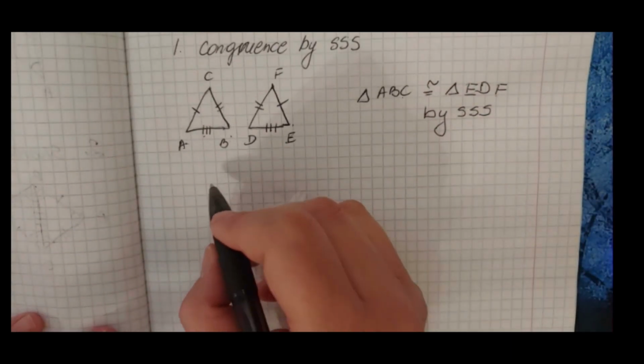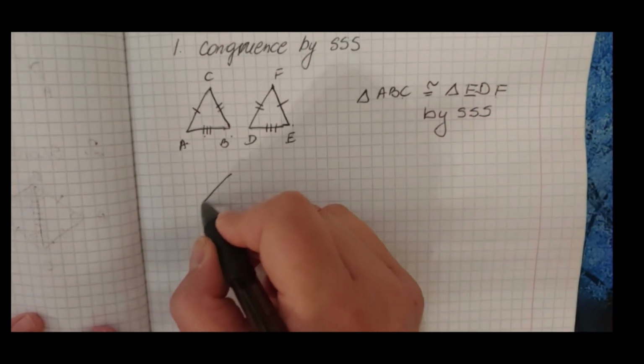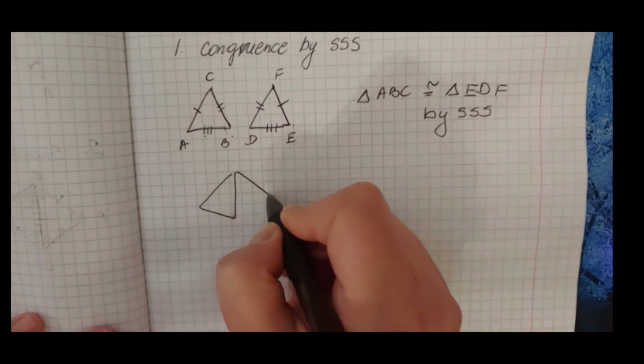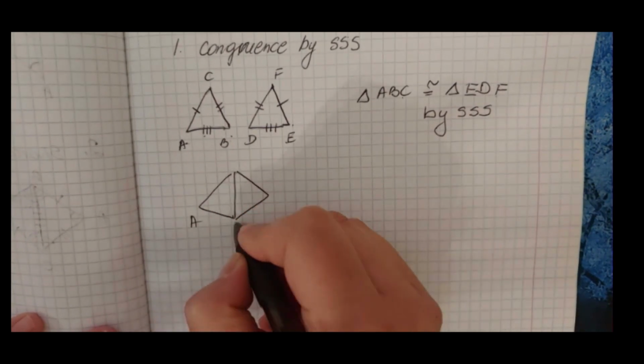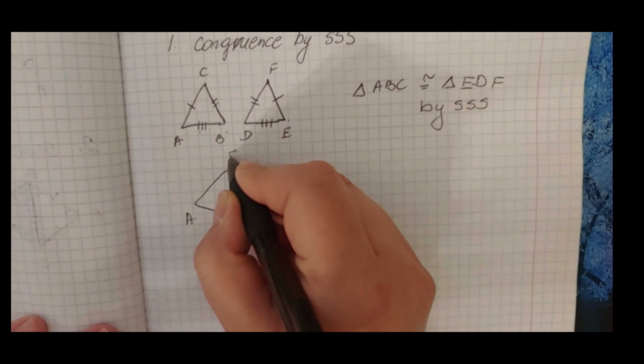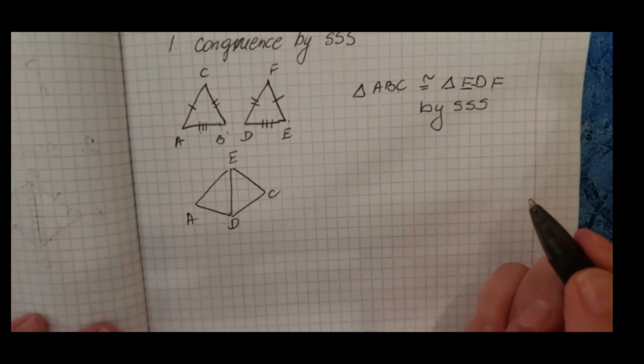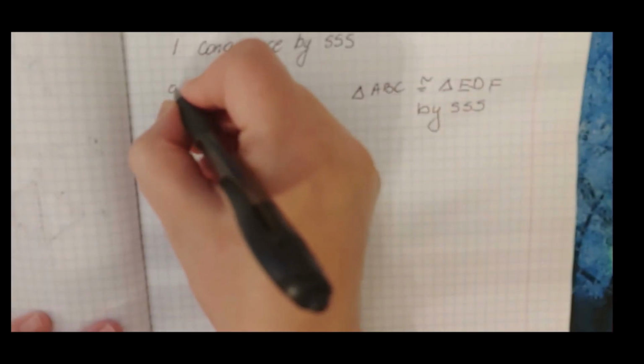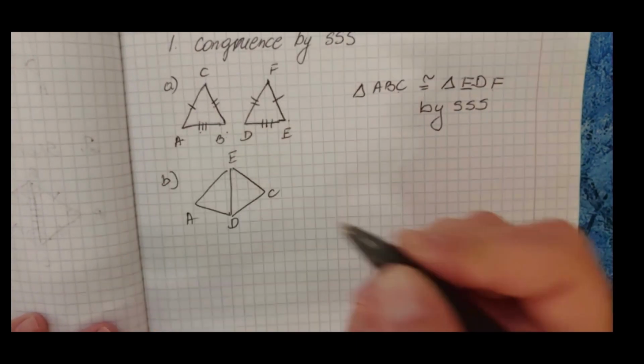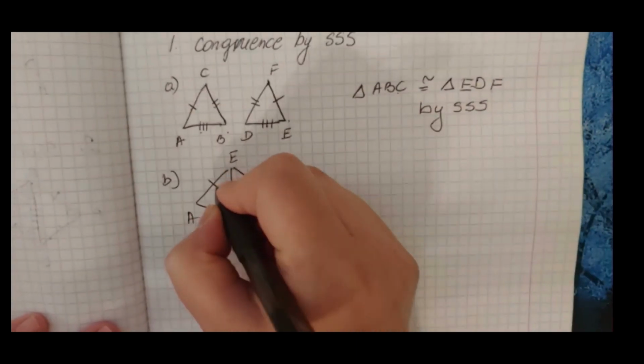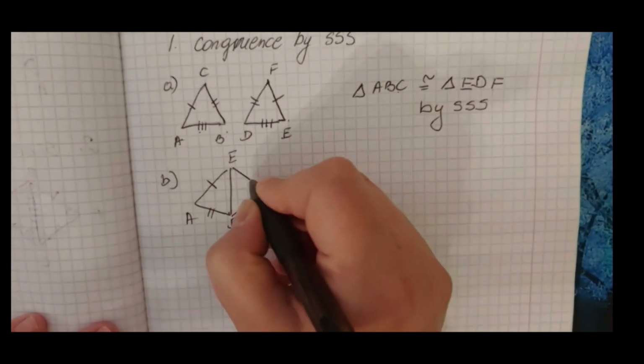Now, what I was talking about last time, you might have something given to you that is not directly marked for you. So let's call this example A and this is B. They're only going to mark this and this and this and this.